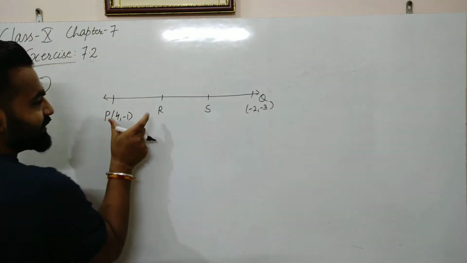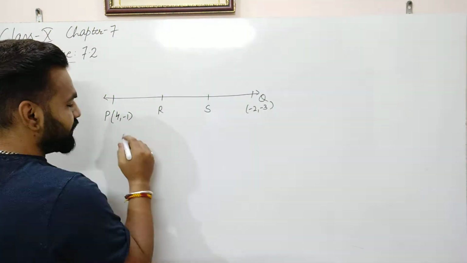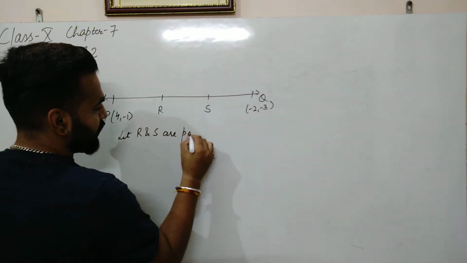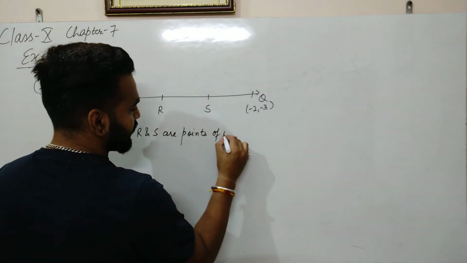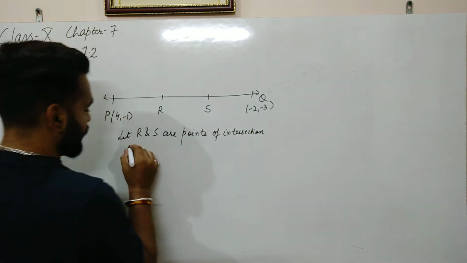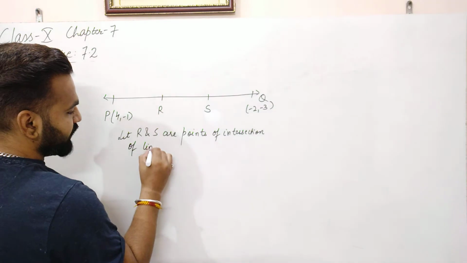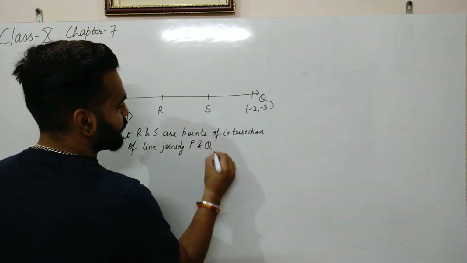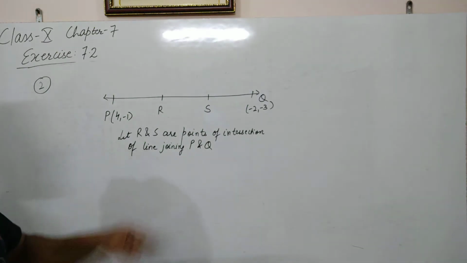So here we can see that R and S are the points. Let R and S be the points of trisection of the line joining P and Q. So these two are the points here.